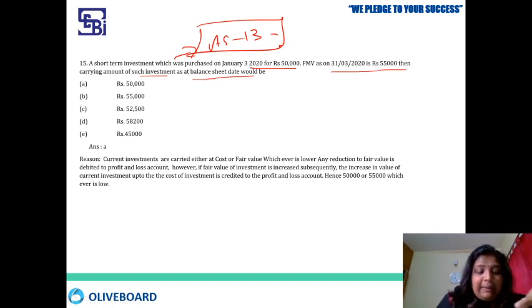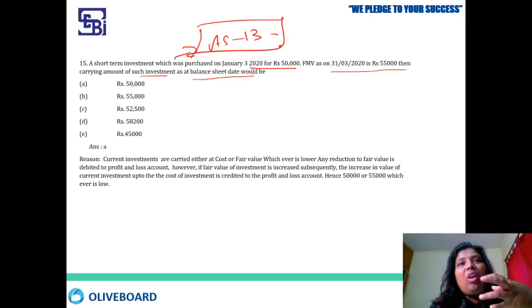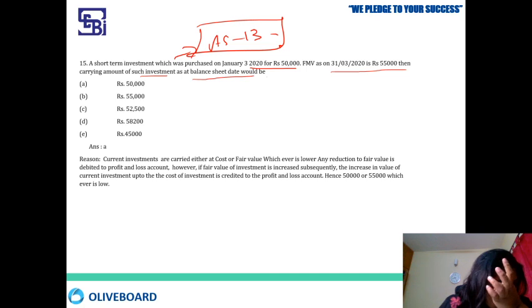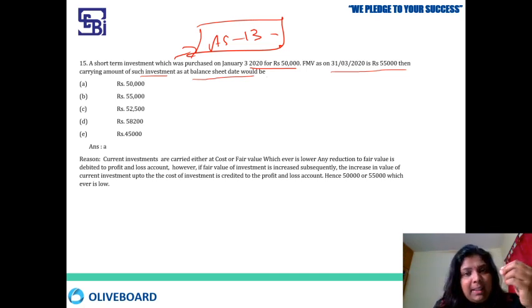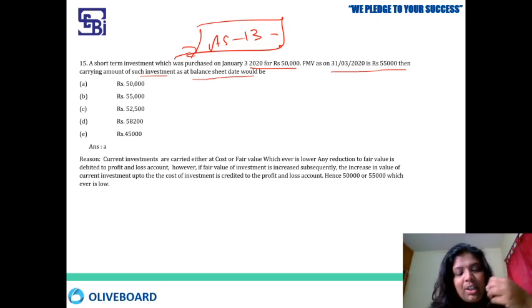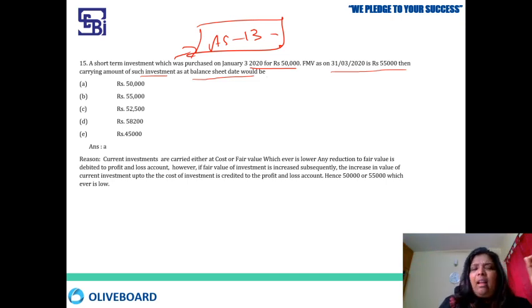It talks about how you record investments and what value you carry them at. Investments could be many things: financial instruments, buildings, so many things. This standard deals with those.